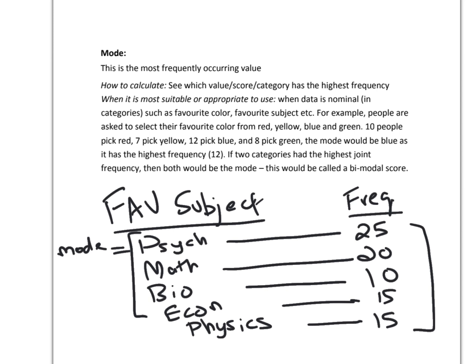So every time you have categories: favorite subject, favorite color, or let's say, for example, I'll take the Baron Cohen study as an example. There are 4 groups: group 1, group 2, group 3, group 4.